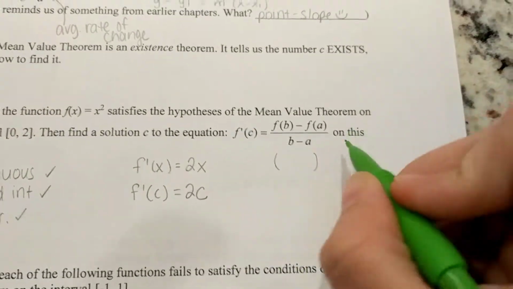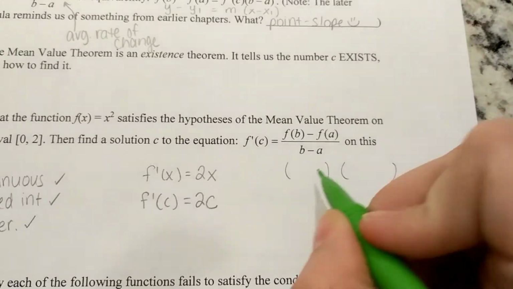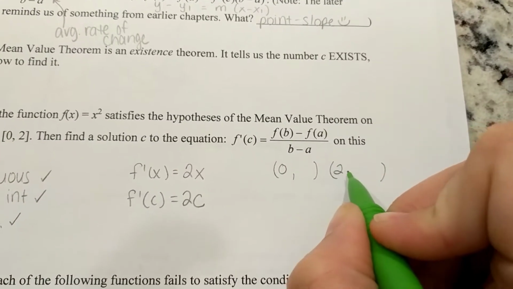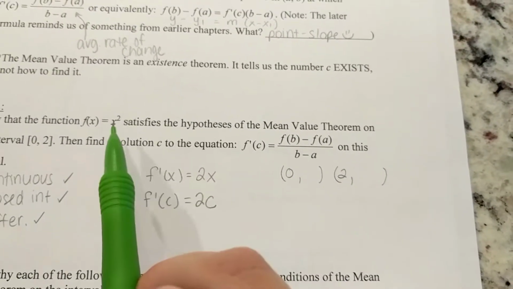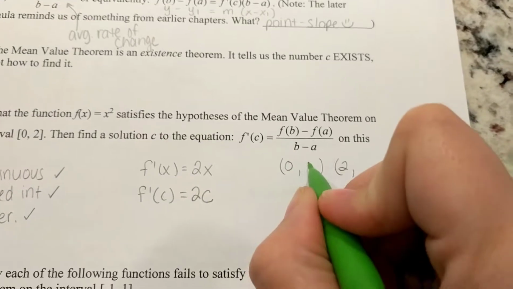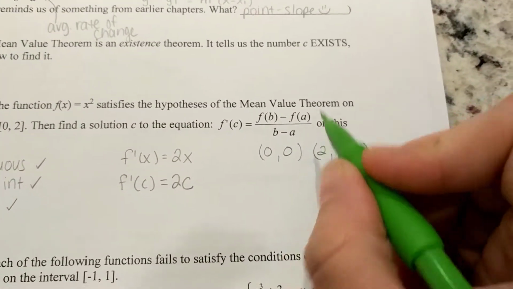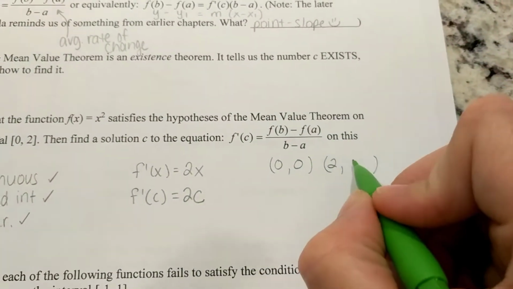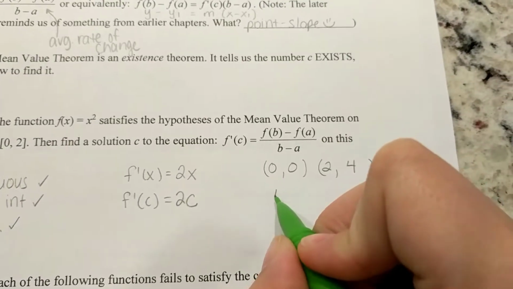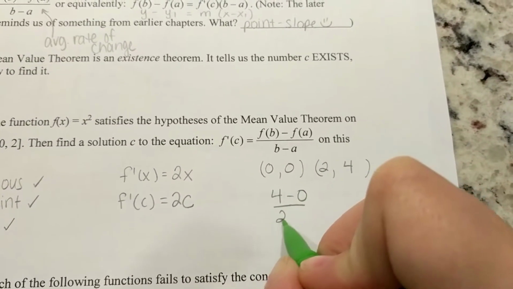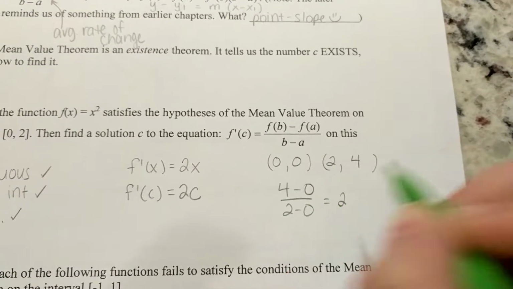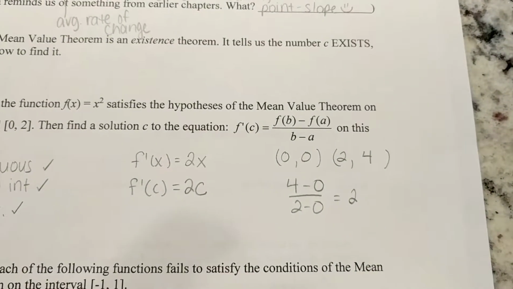That means I need 2 ordered pairs, and they told us to start at 0 and end at 2. If I plug in 0 to my equation, we get 0. And when I plug in 2 to this equation, I get 4. So we get 4 minus 0 over 2 minus 0, or a slope of 2.